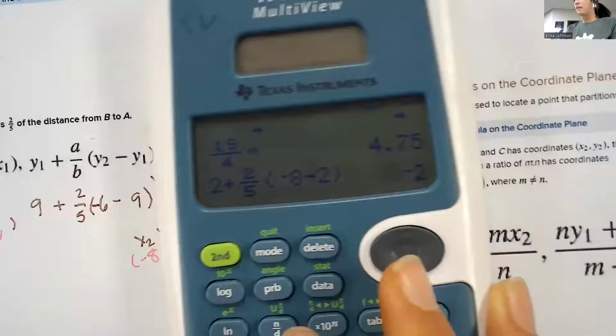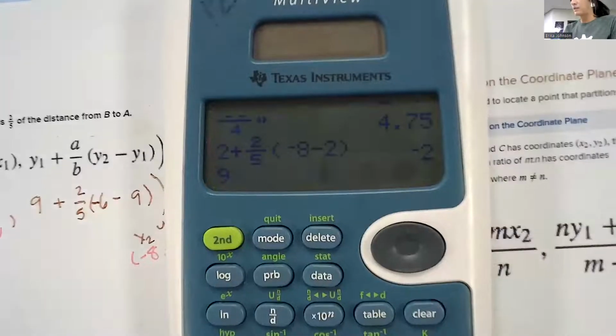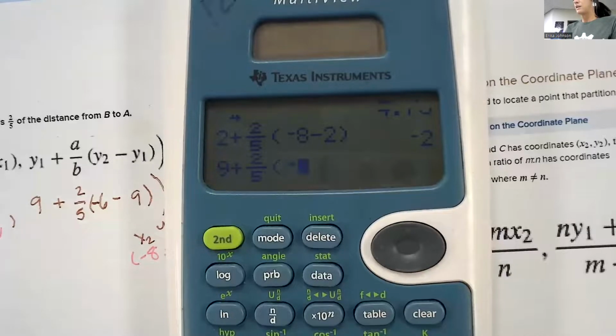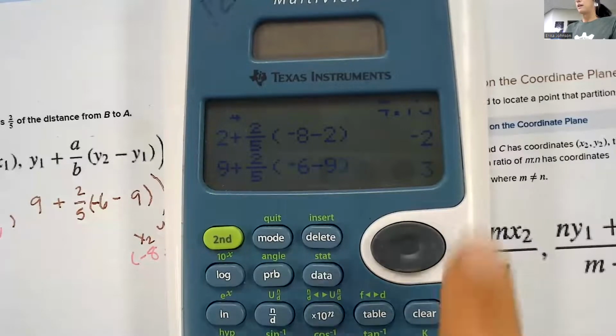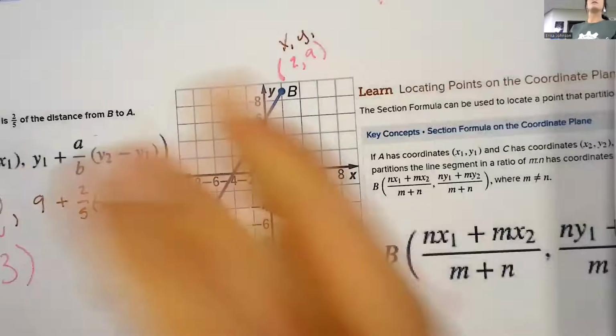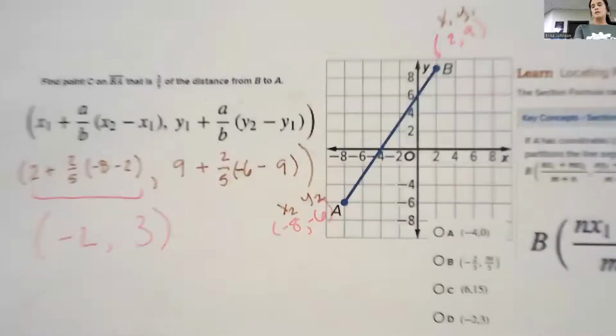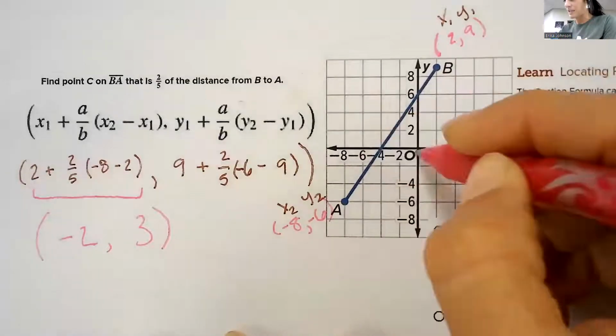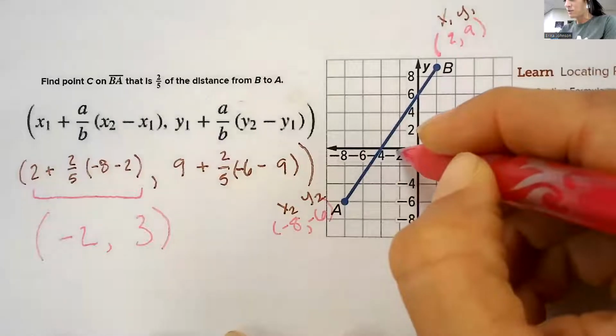And then plug in the other one, 9 plus 2/5 times -6 minus 9. I get +3. So think about this a minute. 2/5 is a little bit less than half. We should be a little less than halfway from B to A, and it's saying x is at -2.